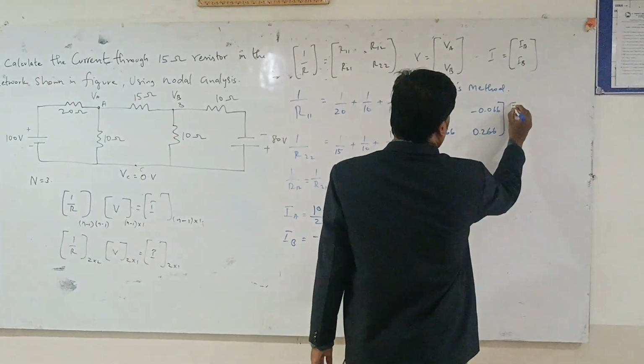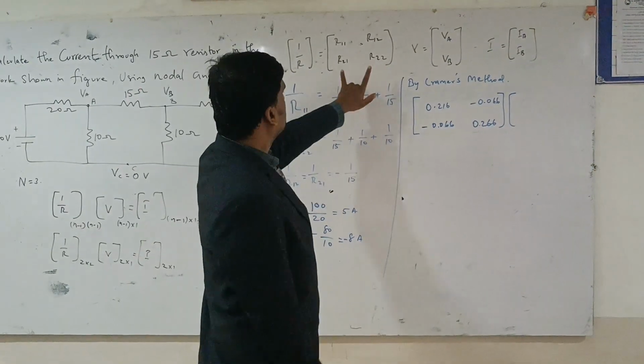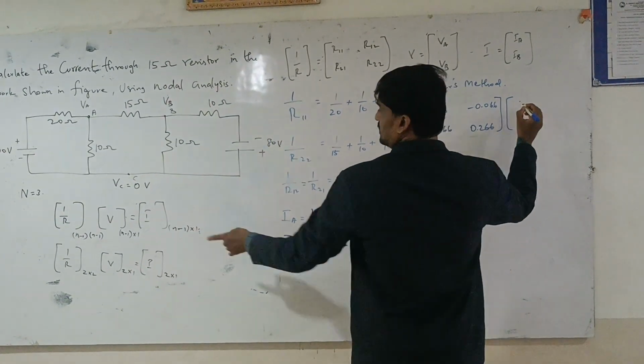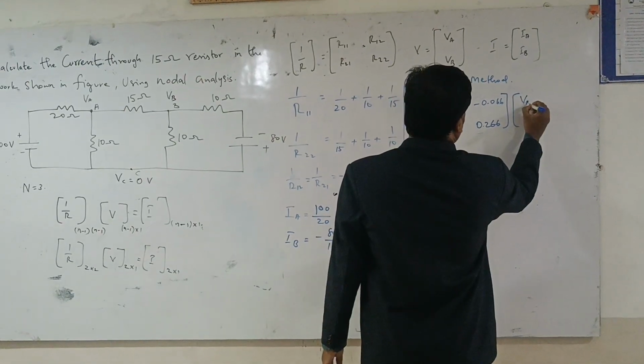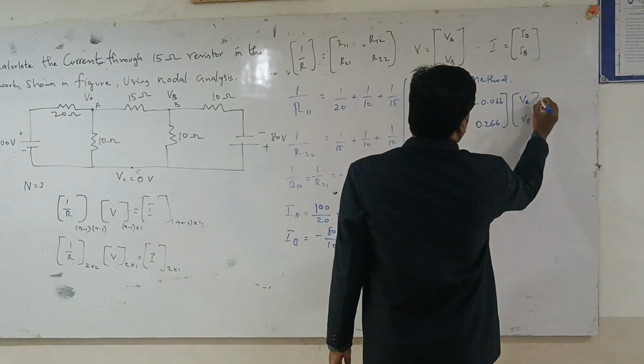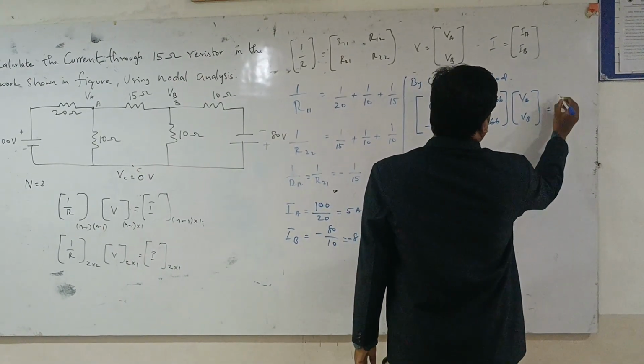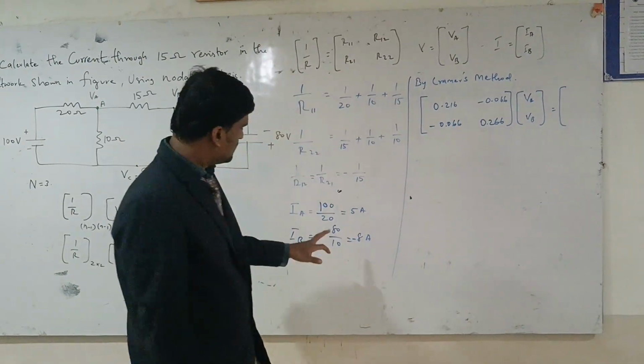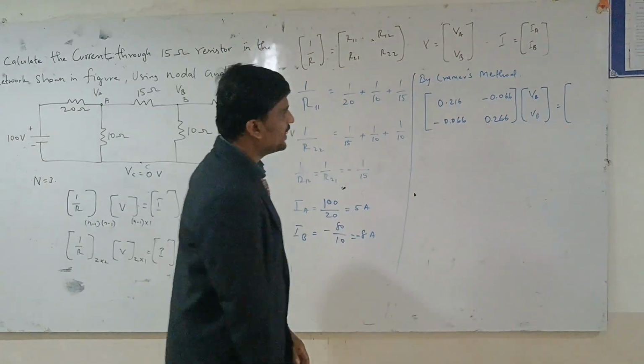So this is the value for the R matrix. Here it is R into B matrix, where the B matrix is VA, VB, and it is equal to I. The value for I is 5 and minus 8 ampere.